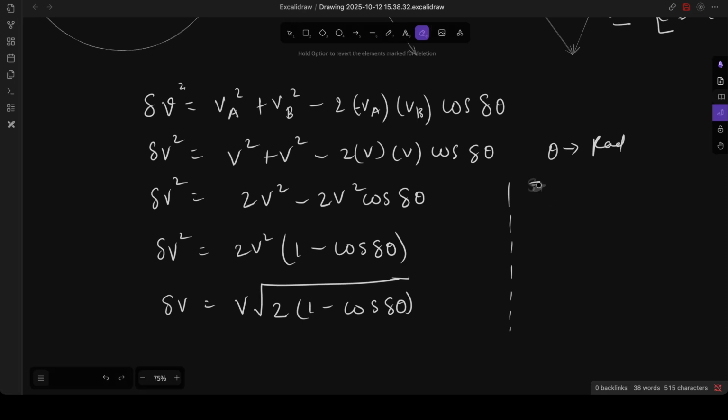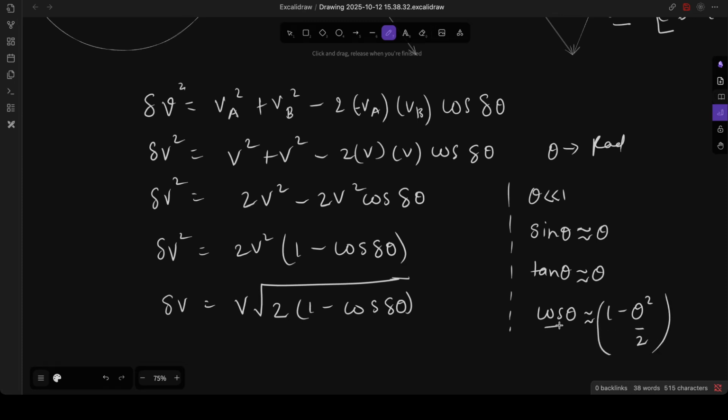For my theta, which is very small, I know that sine theta is almost equal to theta, tan theta is almost equal to theta, and then cos theta is almost equal to 1 minus theta square upon 2.